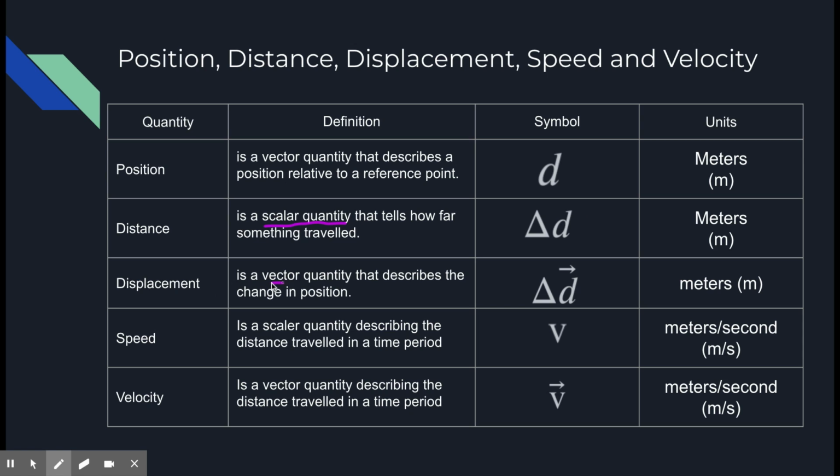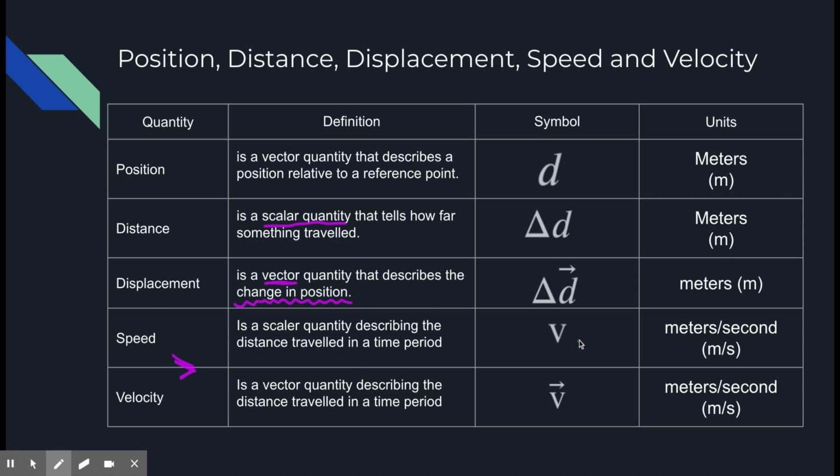Displacement is a vector, and the key part here, and I'm going to do some examples, is that it describes change in position. You'll notice there's the vector symbol with the arrow on top, and the units are still in meters. There's nothing different about the units here for these three. Speed versus velocity: you have to distinguish between the two.